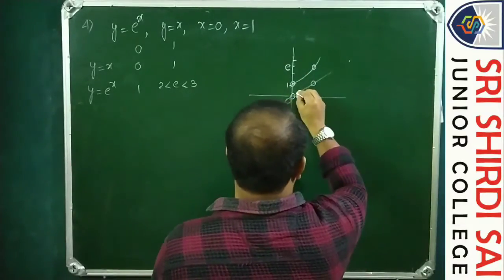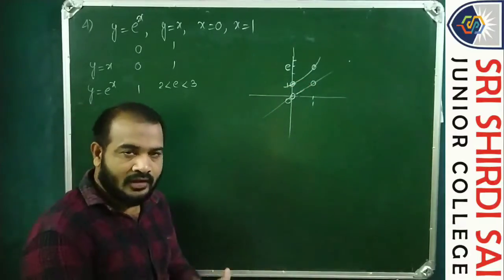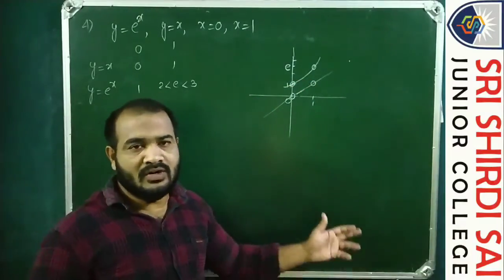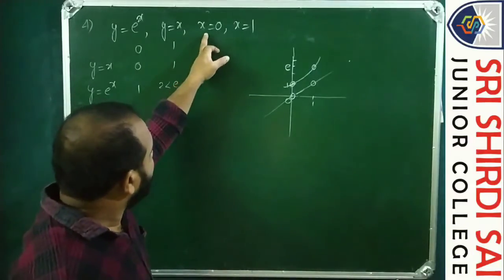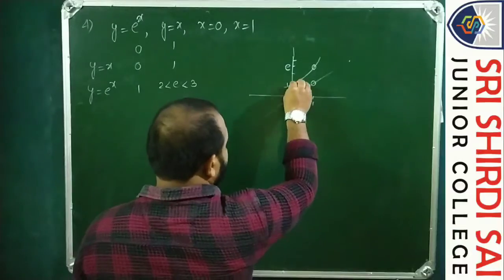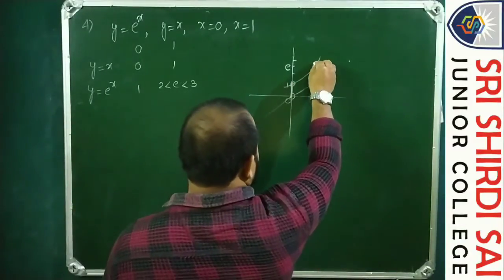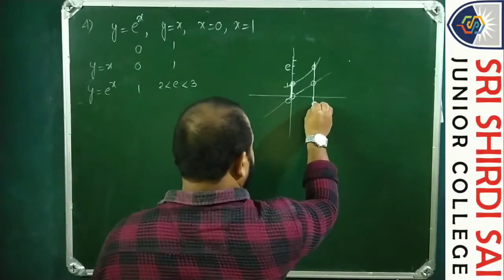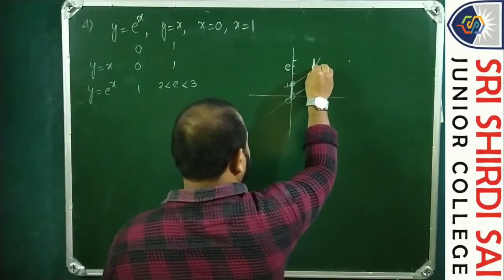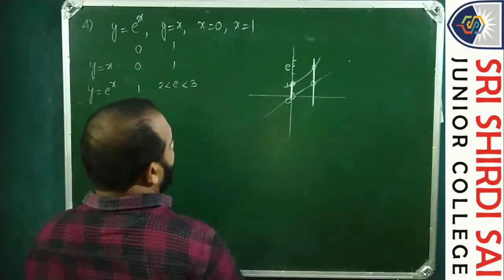So this is the kind of curve we are getting, and actually we can even extend it also, but not required. Here x equals 0 is the y axis, that is this. X equals 1 is this line. See, now let us see whether it is bounded or not.